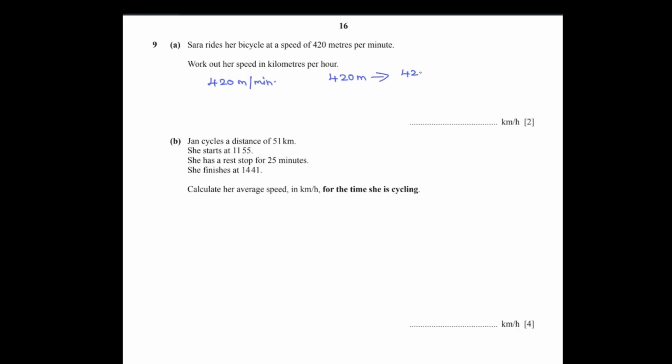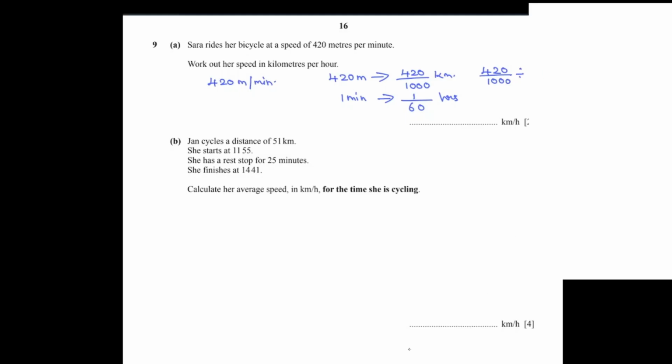So 420 by 1000 will be the kilometers. Then 1 minute is equal to how many hours? 1 divided by 60 will be hours. So to get the answer now, we need to do 420 by 1000, that is kilometers, divided by 1 by 60.